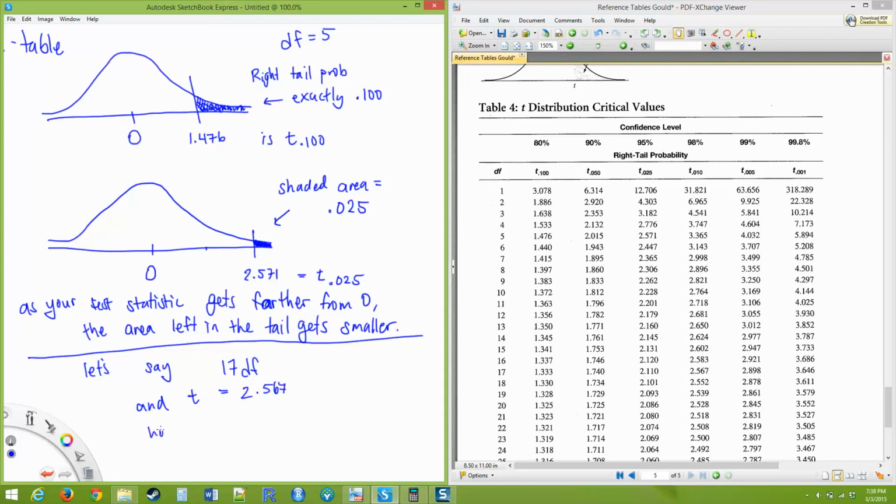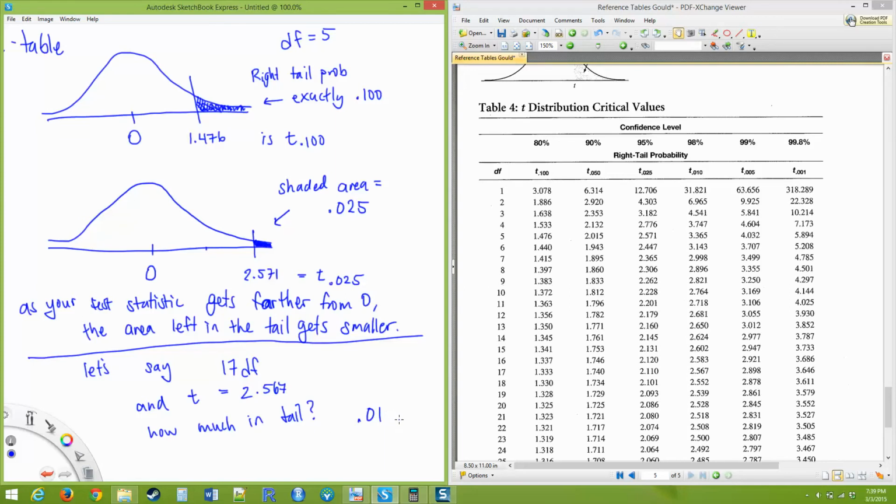How much is in the tail? Some of you shouted it out, but our answer is 0.01.